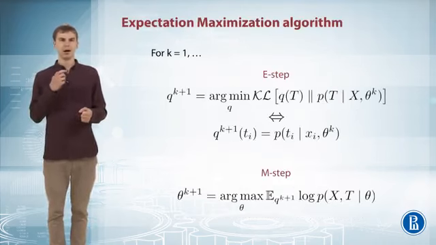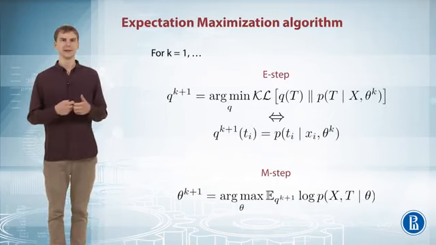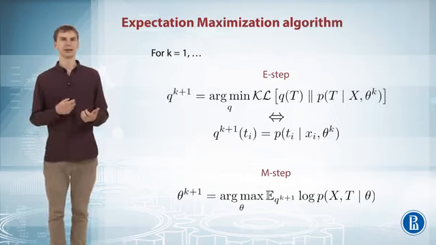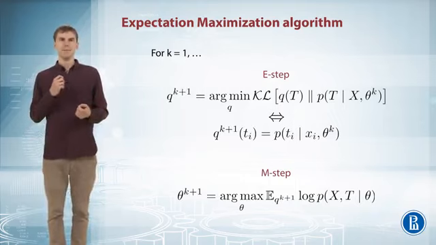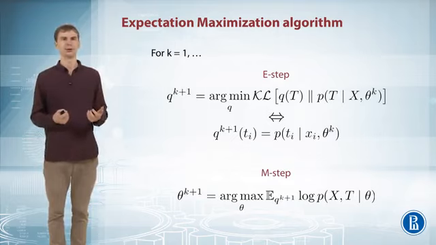So to summarize, the expectation maximization algorithm repeats the following two steps in iterations until convergence. First of all, the E step, where we are trying to minimize the distance between the variational distribution Q and the posterior distribution P of t given the data and the parameters.